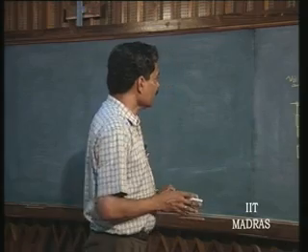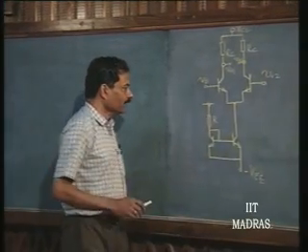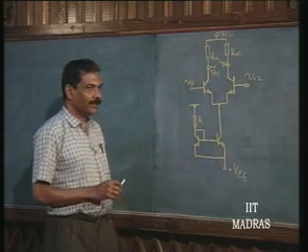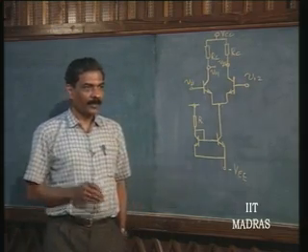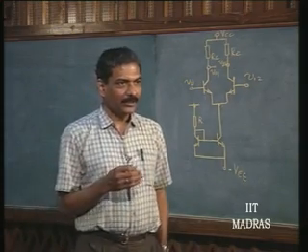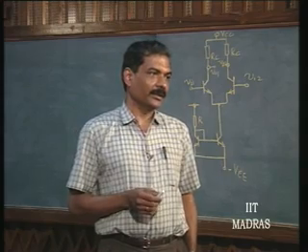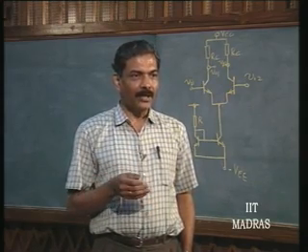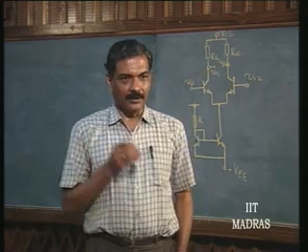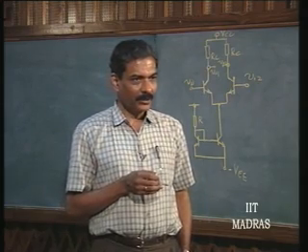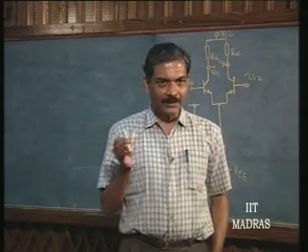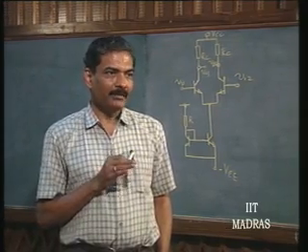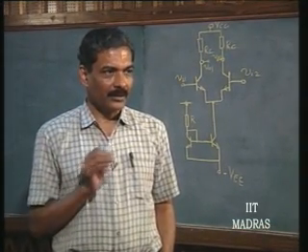It results in a neat configuration which actually has better performance than the discrete common emitter stage in terms of handling larger signal swing for the same percentage distortion, and also the same gain as that of the discrete stage.